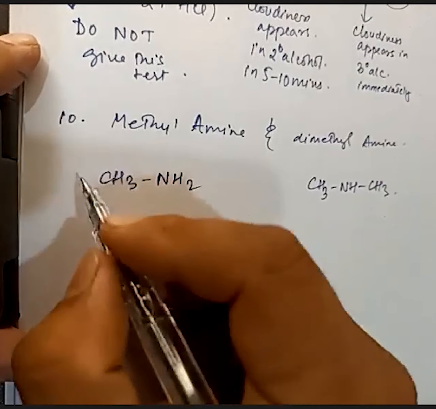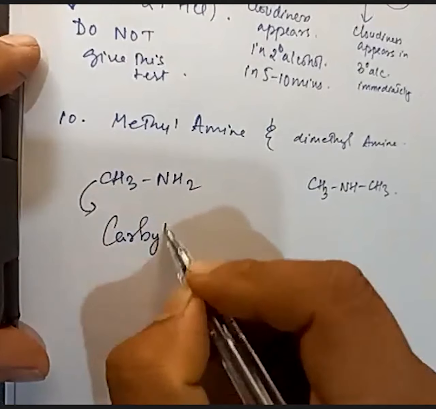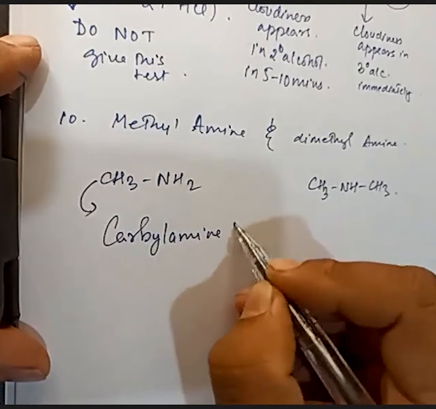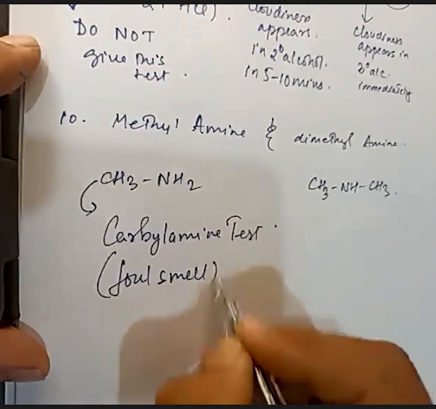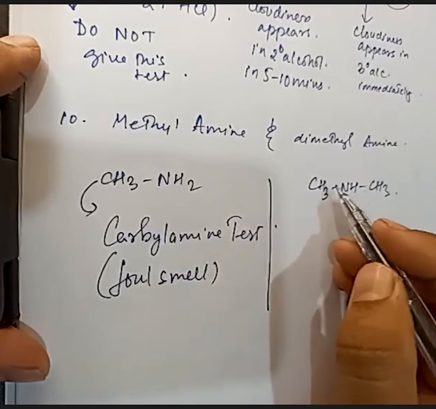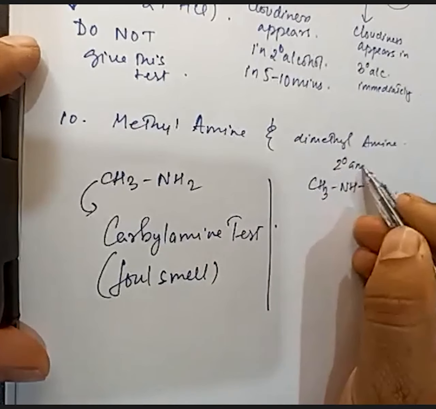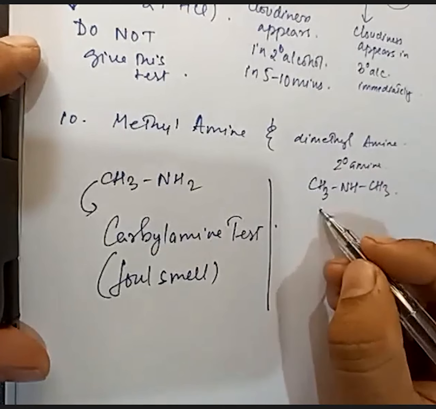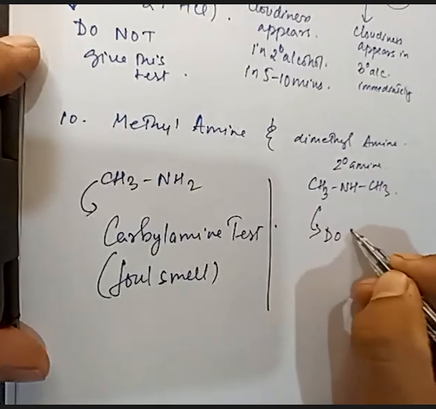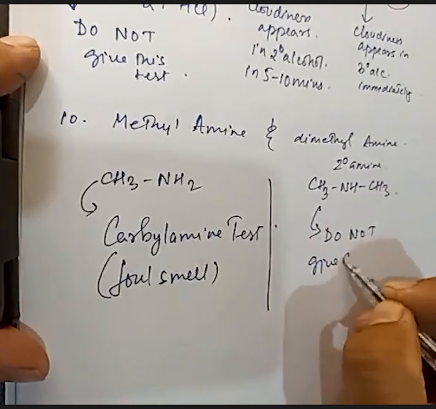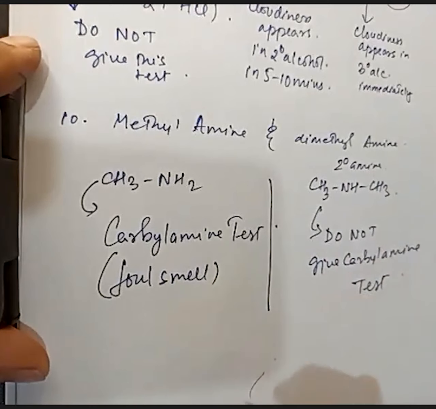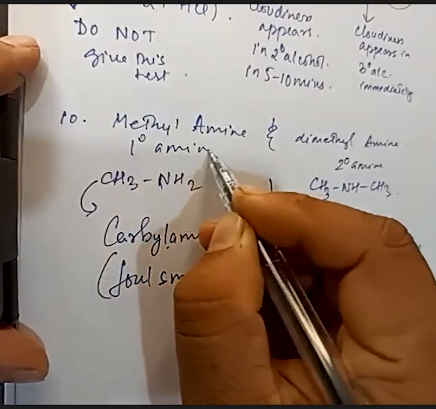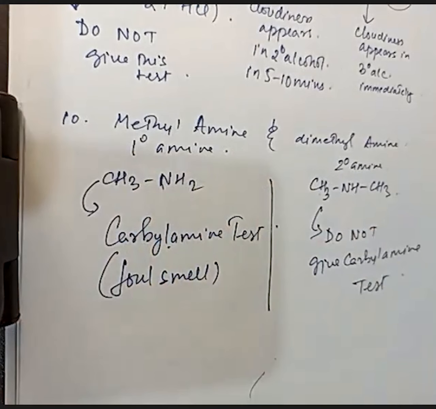Methylamine normally gives the carbylamine test, which is a name reaction, so study it. How do you identify it? It creates a foul smell. Dimethylamine is a 2 degree amine, so it does not give the carbylamine test. From this we can distinguish that one is a 1 degree amine and the other is a 2 degree amine.